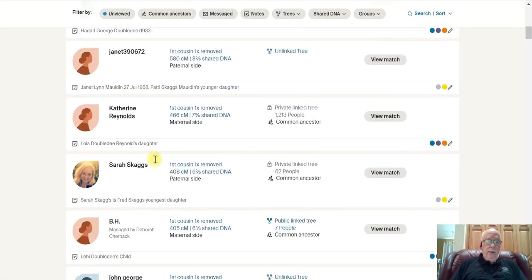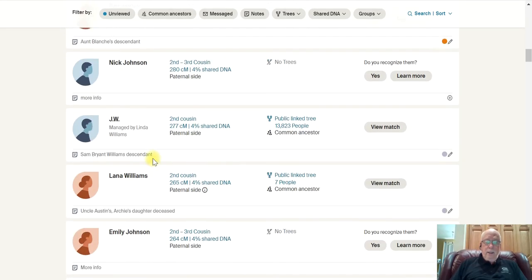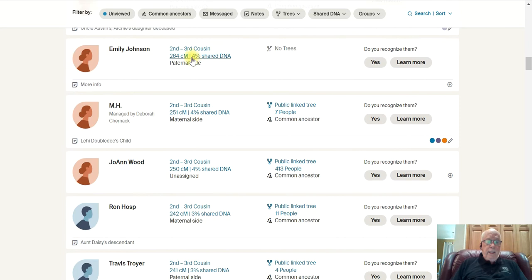Here they are in a big long list of people, and I can go in and find out for this person here the projected relationship to me, and how much physical DNA we share on my paternal side, on the Williams side. And here it tells me whether or not this person has a tree or not.